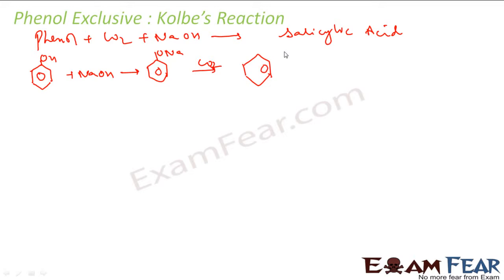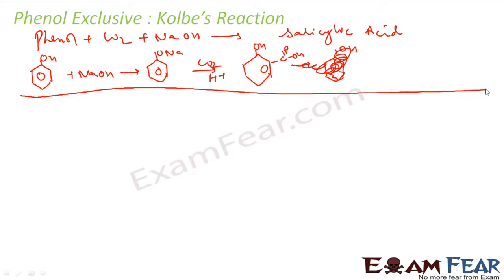What I get is, with H plus, salicylic acid. I'll give you the reaction mechanism very shortly. Sorry, here you can write OH and COOH. This is what you get.